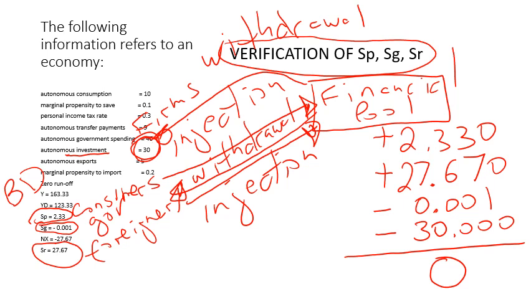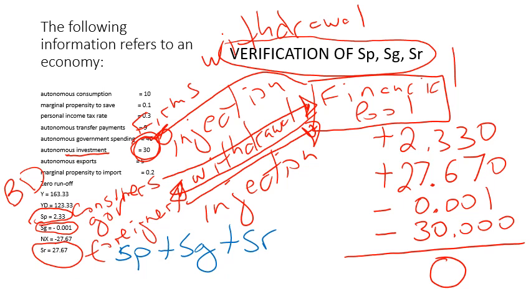I'm going to use a different color here, and here's the equation in blue. SP, which could be a positive or a negative number, plus SG, which could be a positive or a negative number. In our case, it's a negative number, plus SR, which again could be a negative or a positive number.